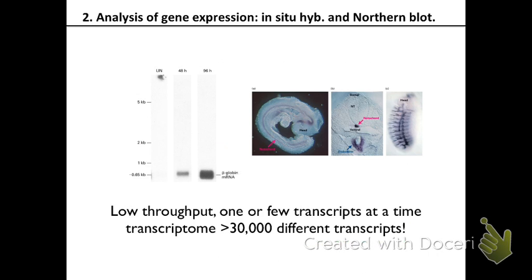You've already seen some techniques with which you can measure gene expression. All of these techniques were low throughput. That means you could study only a few samples or a few genes at a time. One of the examples you've seen was the northern blot analysis, which looked at, for example, beta globin mRNA.